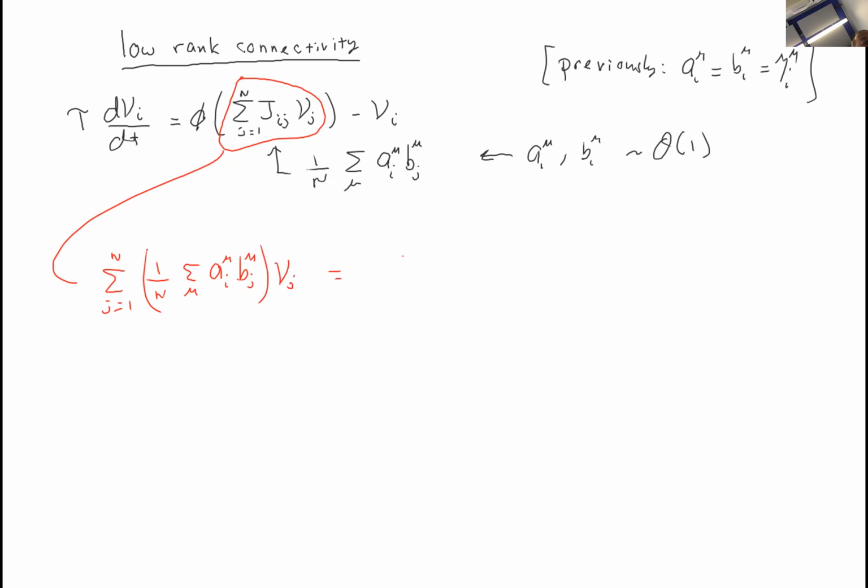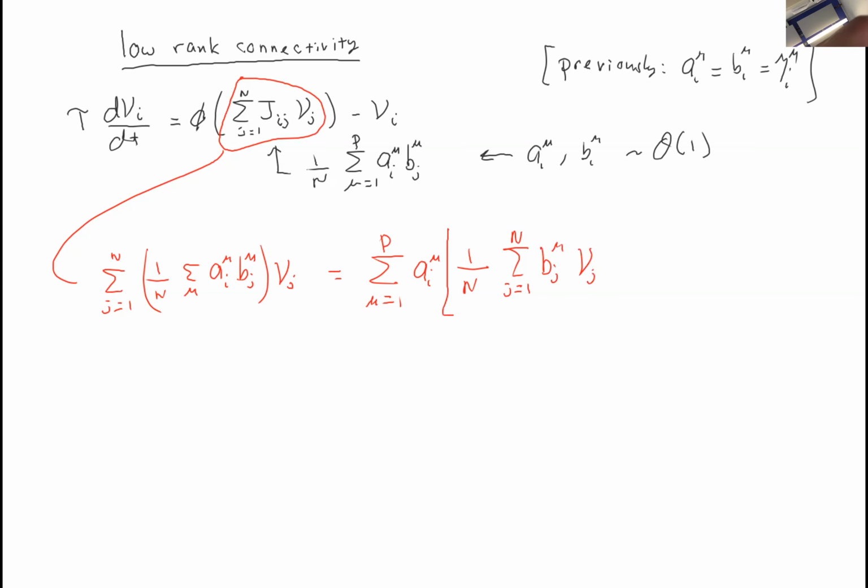This is the sum over mu, equals 1 to p, of A_i^mu times 1 over N, the sum over j equals 1 to N of B_j^mu nu_j.